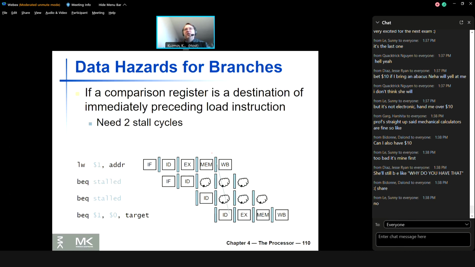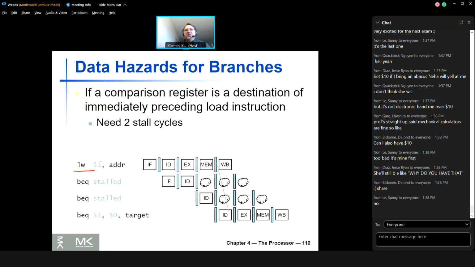We would have to stall. And finally, obviously, the worst case is we have LW immediately preceding, and that means that we need to stall 2 cycles. There's no way we would be able to avoid it, no matter whether we use forwarding or not.